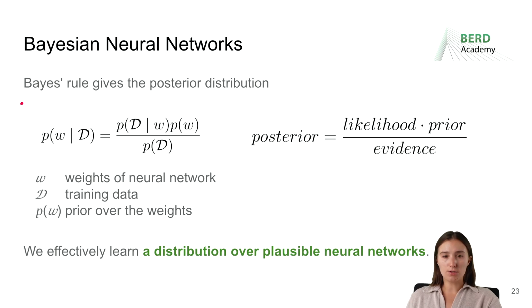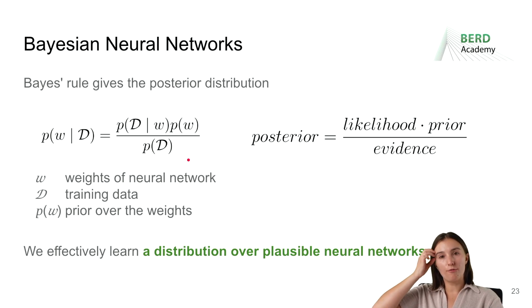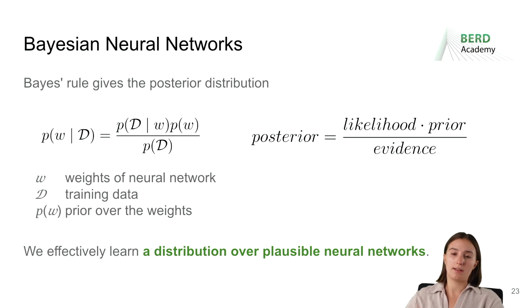And Bayes rule, you've probably heard about at least the basic Bayes rule in your Statistics 101 course. If we describe it in the context of Bayesian neural networks, it looks like that.